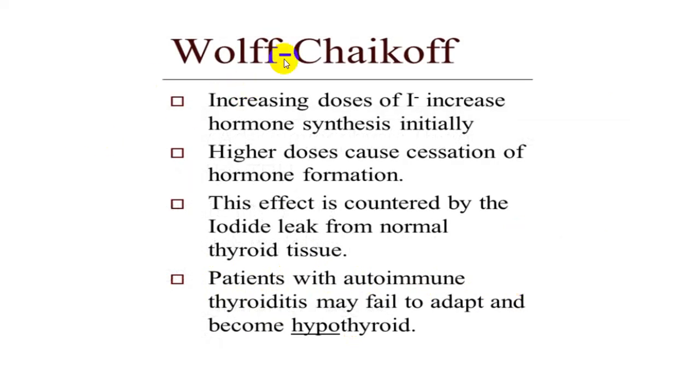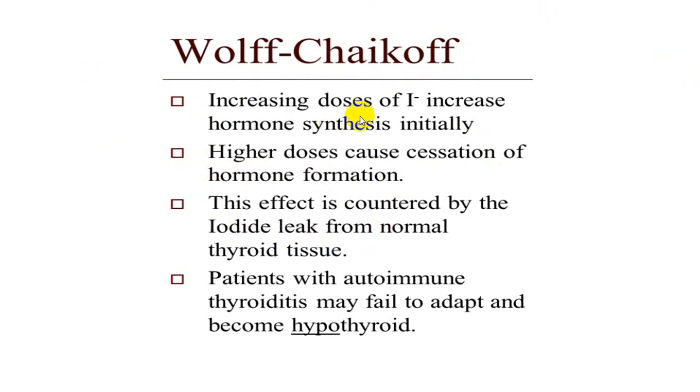There is something called the Wolff-Chaikoff effect. An increased dose of iodine will increase hormone synthesis initially, but a further higher dose can cause blockage of hormone formation, and this effect is counteracted by iodine leak from normal thyroid tissue.